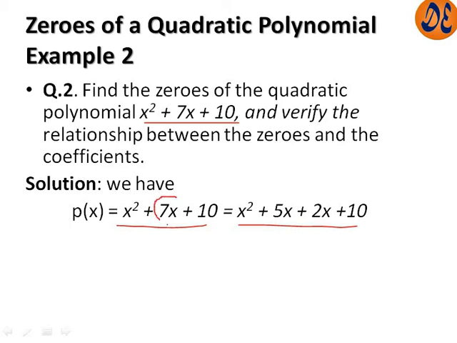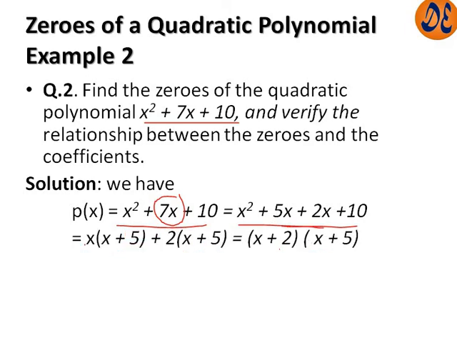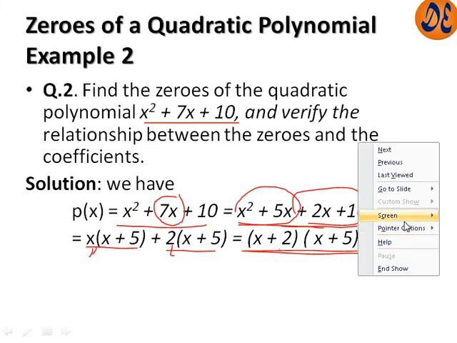I have broken this middle term into two parts, 5x plus 2x. From the first two terms I have taken x common, and from the other two I have taken 2 common. So we get the factors (x plus 2) into (x plus 5).